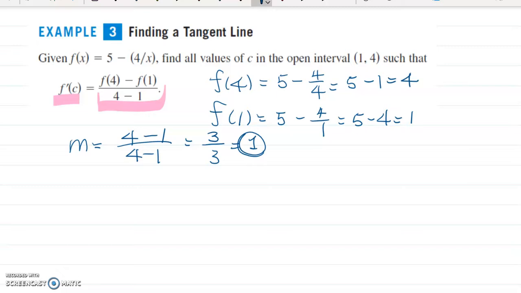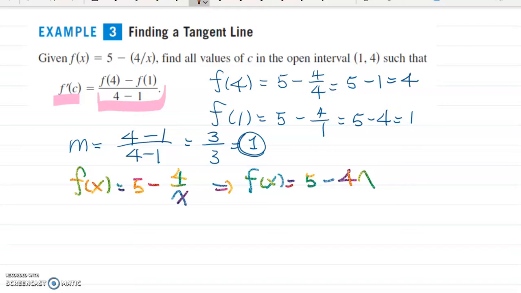So let's find the derivative of this function. To do so, I'm going to rewrite f(x) equals 5 minus 4 over x, because that's easier to see, and this means f(x) equals 5 minus 4x^(-1). Okay, so let's start with the derivative.